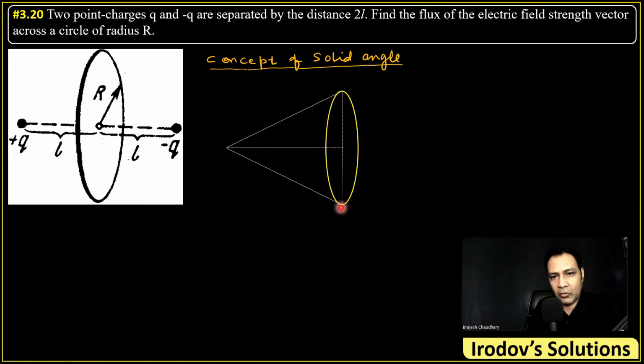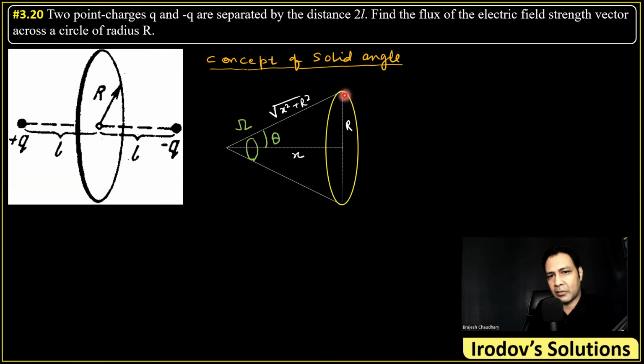If I join all the points of the circle by lines to this point, I will get this solid angle. Suppose this solid angle is omega, and this becomes a right circular cone, and suppose the half angle of this right circular cone is theta, the distance of the circle to the vertex of this cone is say x, and the radius of the circle is say r.